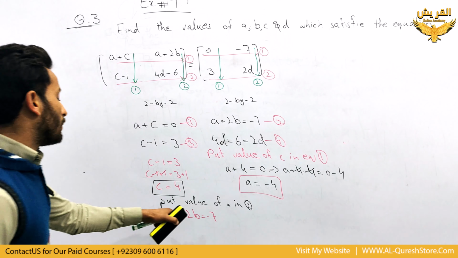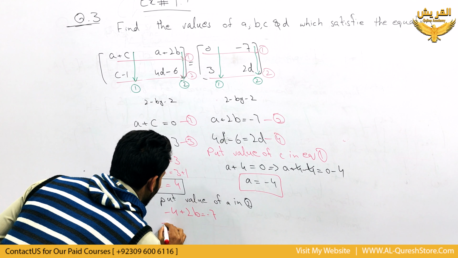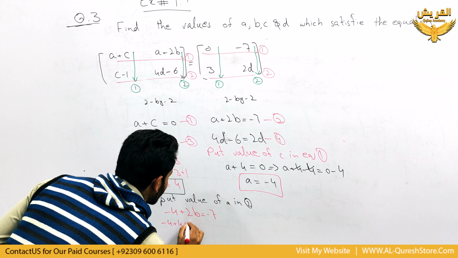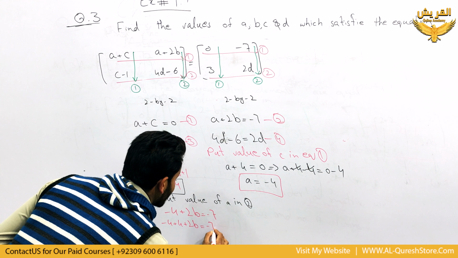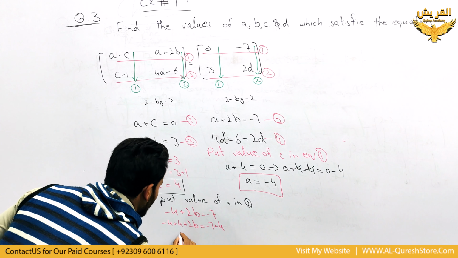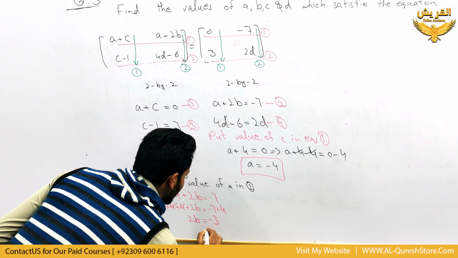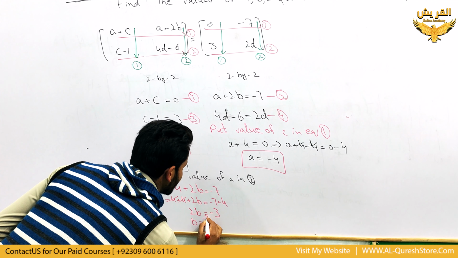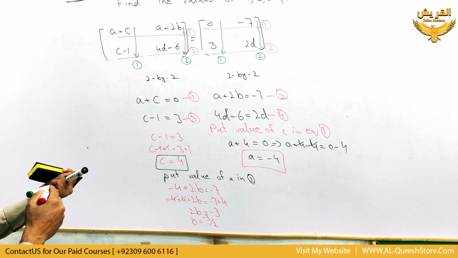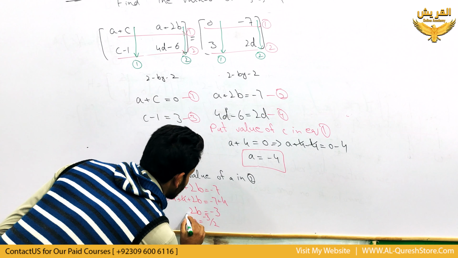By adding 4 on both sides, minus 4 plus 2b plus 4 is equal to minus 7 plus 4. So minus 4 plus 4 cancel, 2b is equal to minus 3 and b is equal to minus 3 by 2. This is the answer for b.